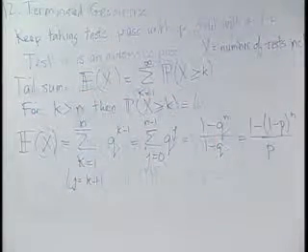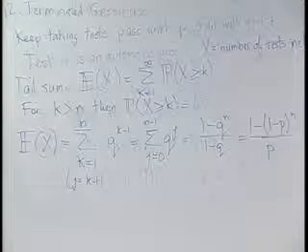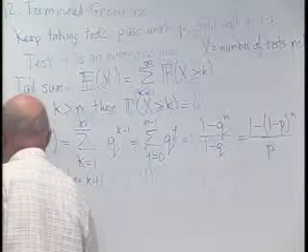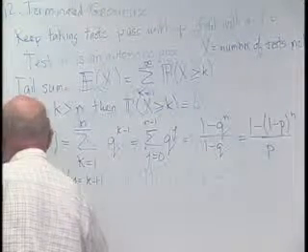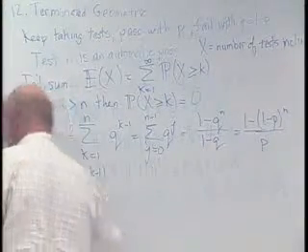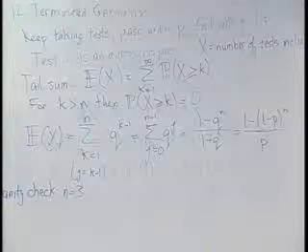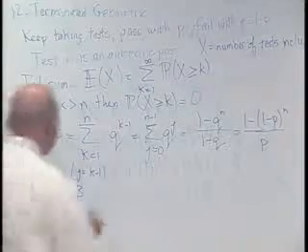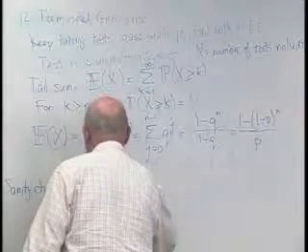I was sufficiently skeptical about this answer that I checked it. So a sanity check, let's suppose that n equals 3 and see if we get the right answer. For n equals 3, we can do it directly.